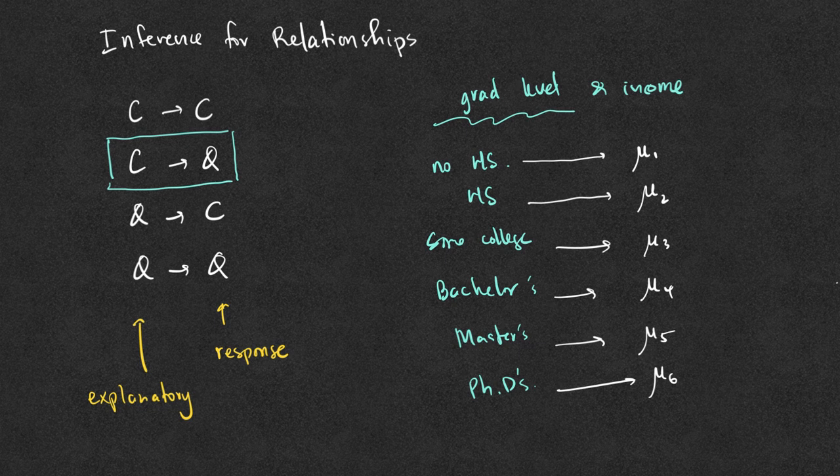In this sense, if we call the explanatory variable x and the response variable y, then we want to know if there is a relationship between x and y. Each of these subgroups is considered a subpopulation: subpopulation 1, subpopulation 2, subpopulation 3, subpopulation 4, and so on.